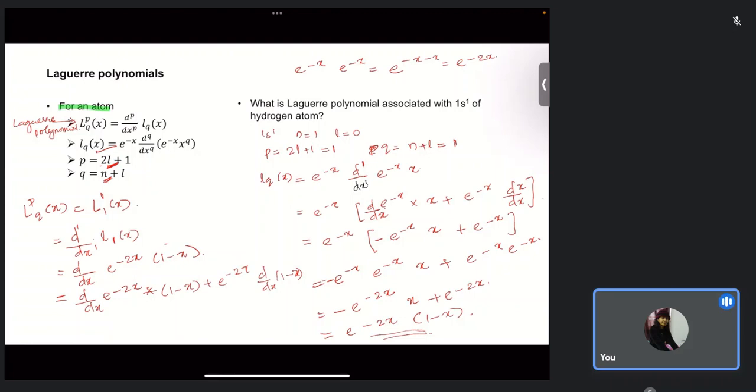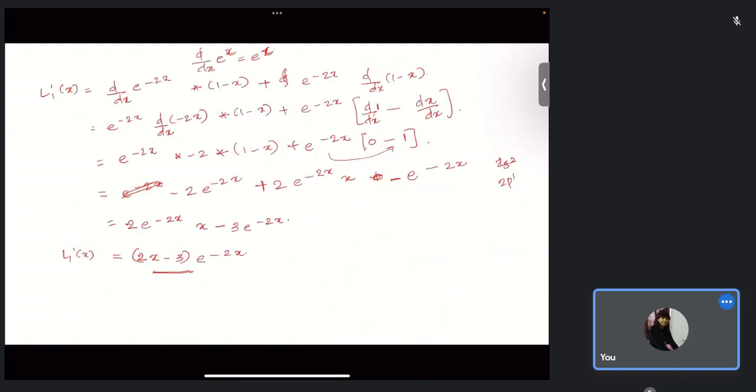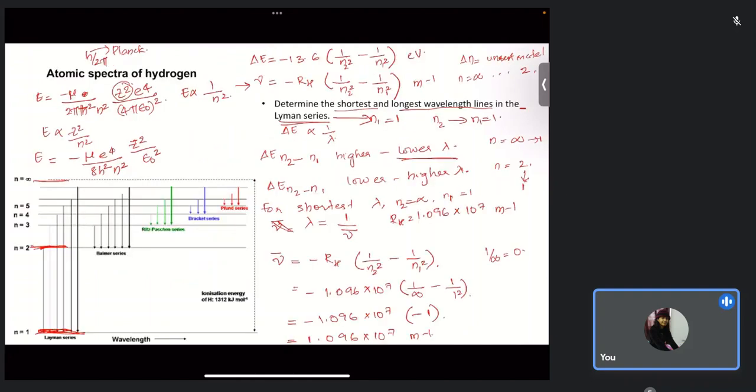We calculated the Laguerre polynomial associated with the 1s hydrogen atom, and then we came to the atomic spectrum of the hydrogen atom, and we calculated the shortest and the longest wavelength in the Lyman series, using the wave number associated with the transitions.